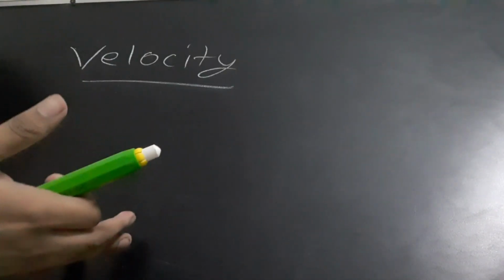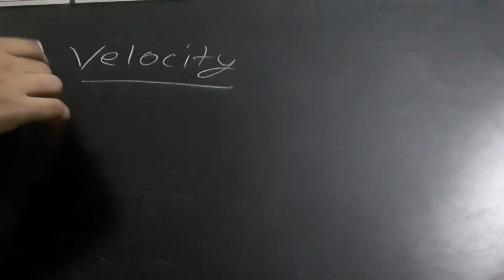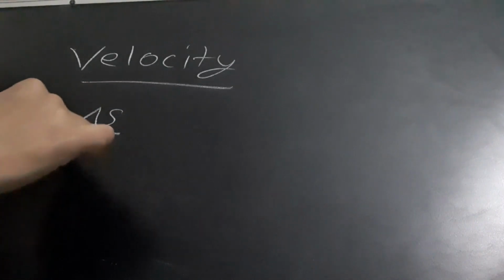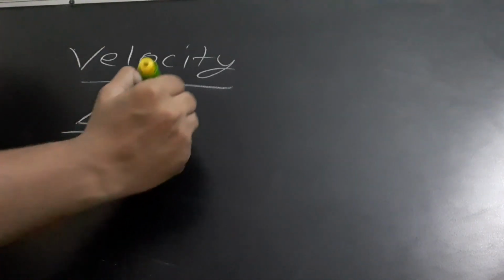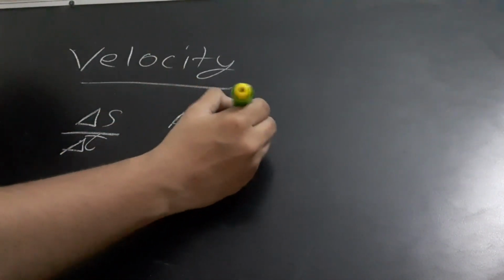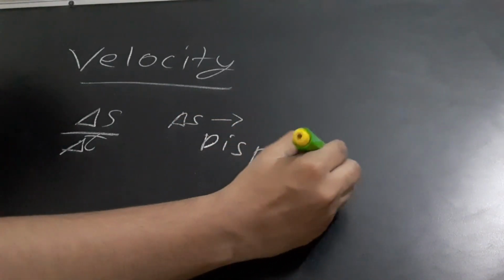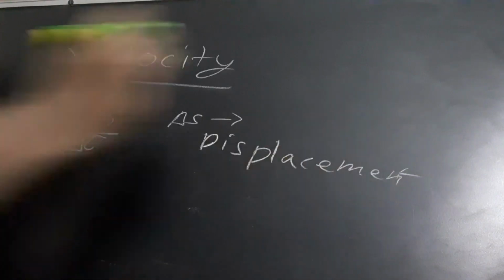Let's come to velocity. Pretty much the same as speed, just the difference is that speed is delta d upon delta t, and this is delta s upon delta t. What does delta s stand for? Delta s is the displacement, or the change in position.